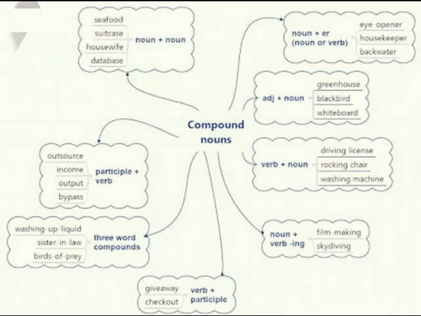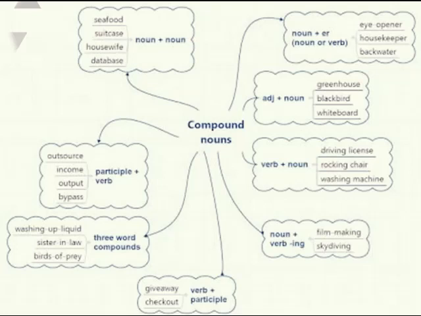The meaning of compound is something that consists of two or more. When two or more words are combined to make a single noun, that is known as a compound noun. In an easier way, you can say it is a multi-word noun.